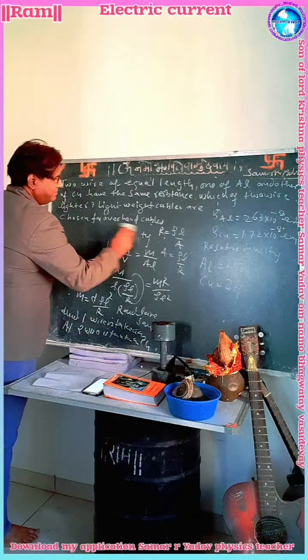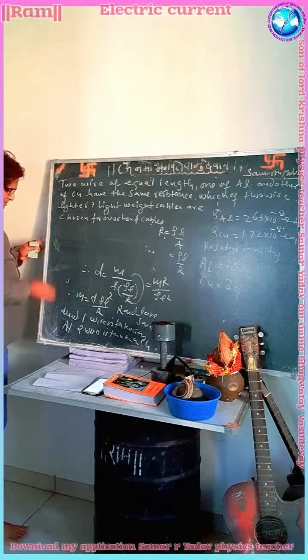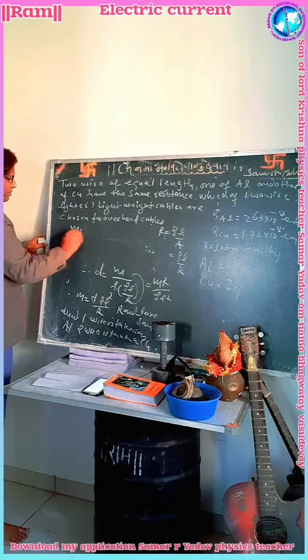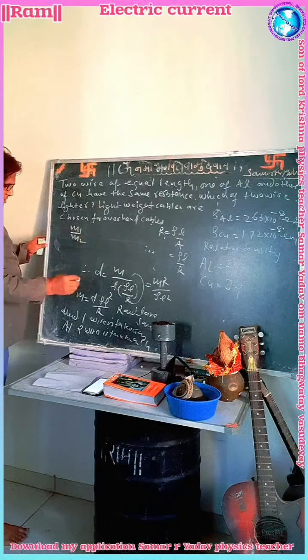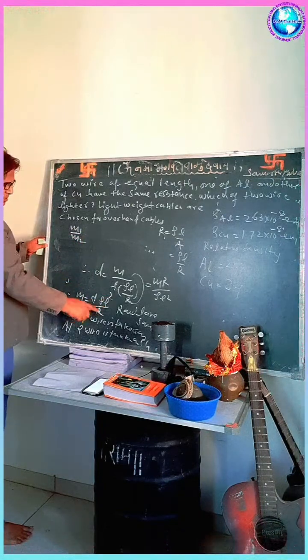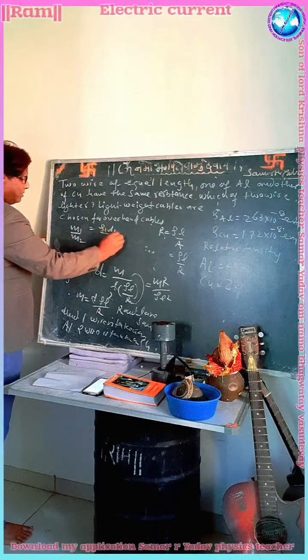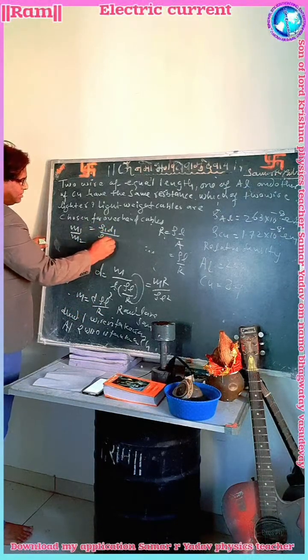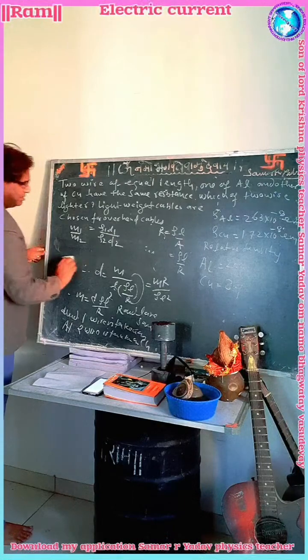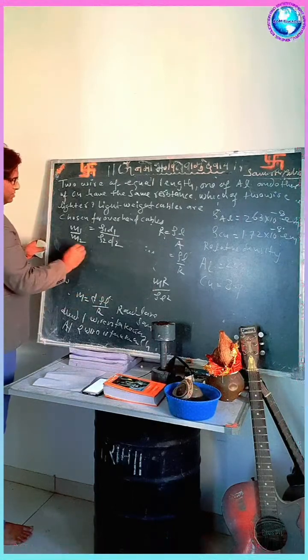Now to simplify, M1 upon M2. Here L and R will be constant, so finally you can write rho 1 into D1 upon rho 2 into D2. Keeping the values: what is rho 1 here?